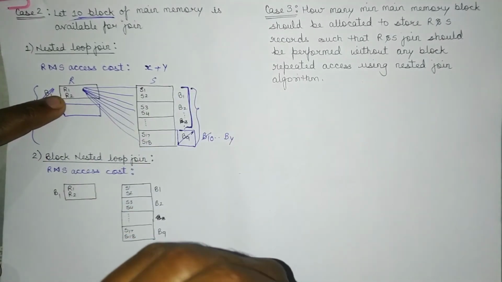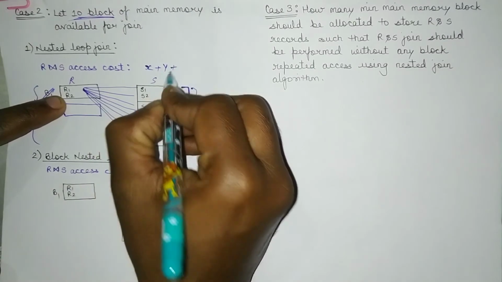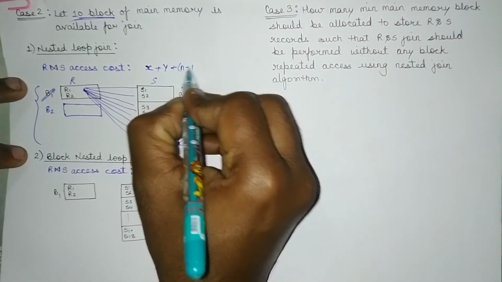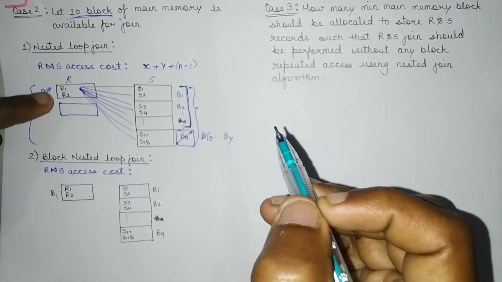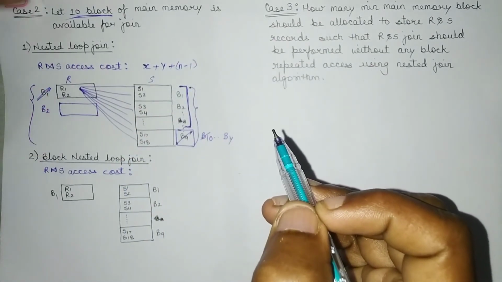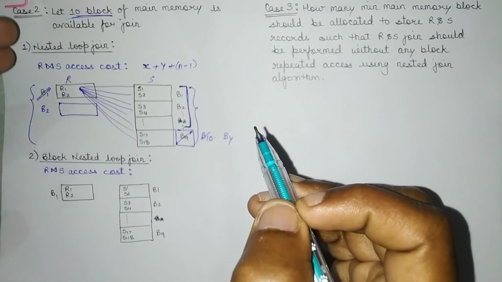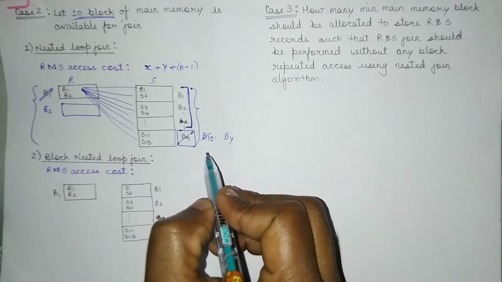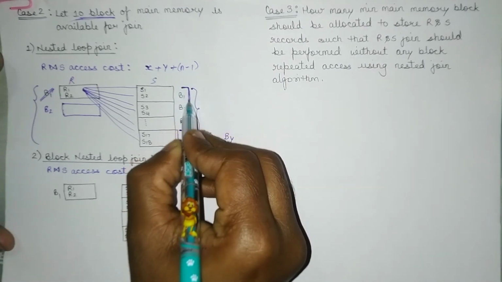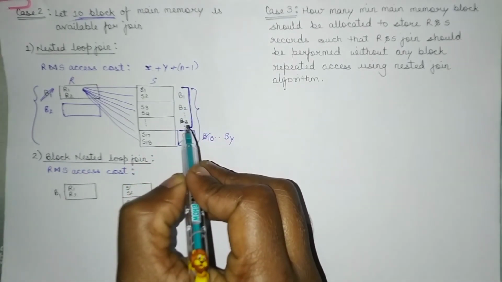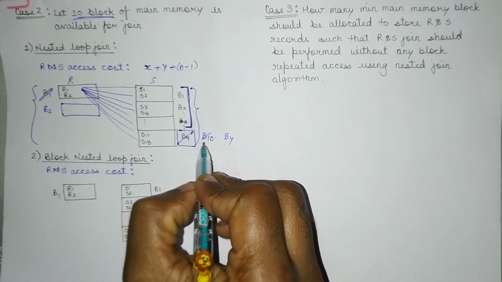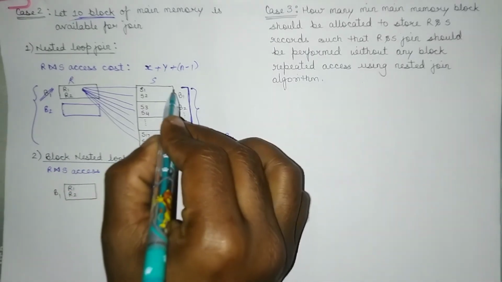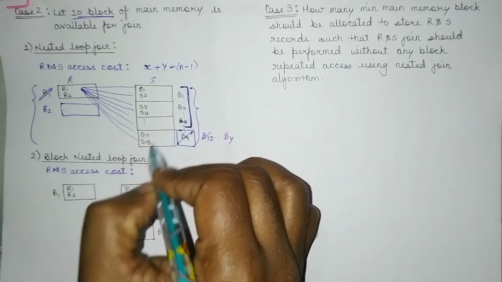But from the next record onward, how many records are left? n-1 records are left. For those n-1 records, if we remove R1, we need to access Y minus 8 blocks, because these 8 blocks are already present in the main memory. Only this one block needs to be replaced again and again. So we need not access these 8 blocks.